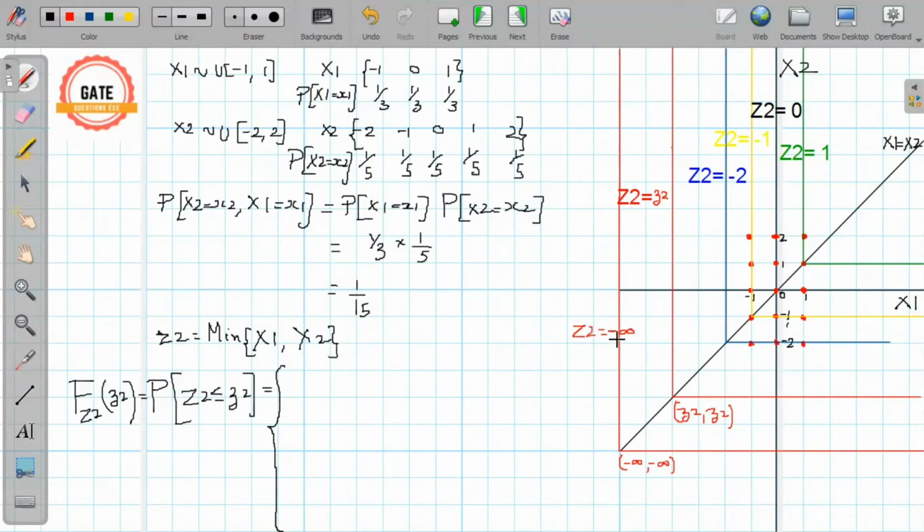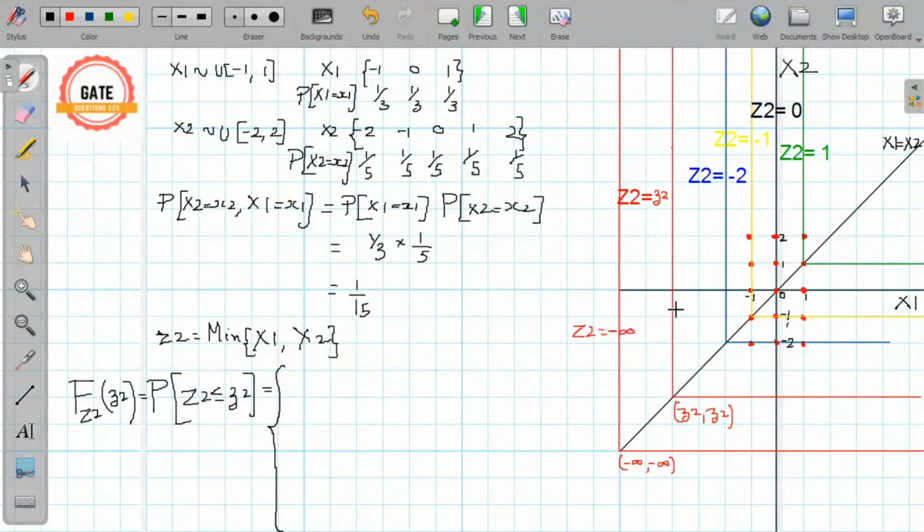So for Z2 equal to minus infinity, this probability will be 0. If we move this boundary until we reach this point, we can still see that no points out of these 15 are lying to the left of this boundary or on it. So still for this value of Z2, the CDF value will be 0.